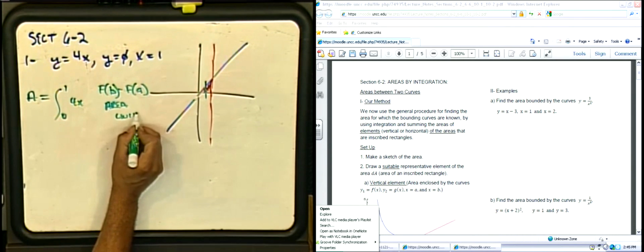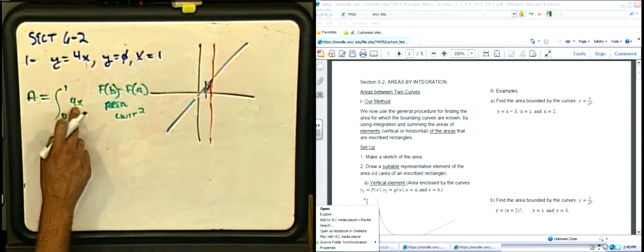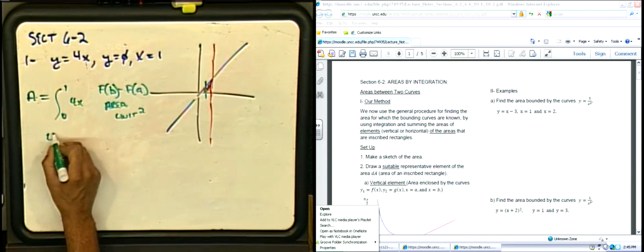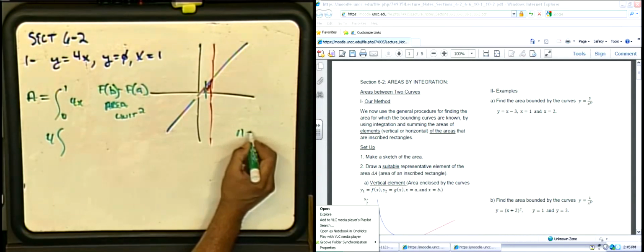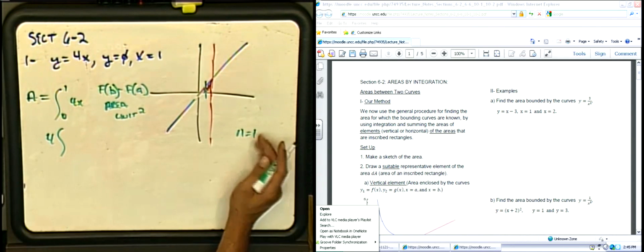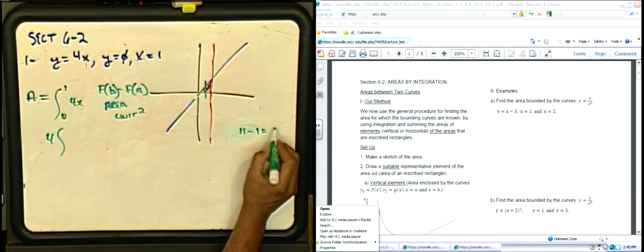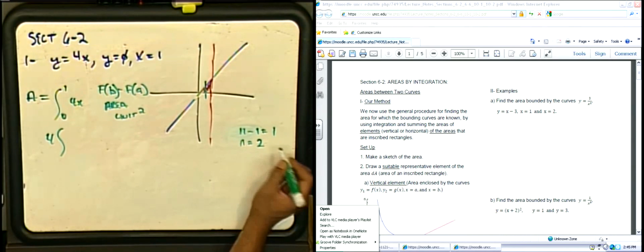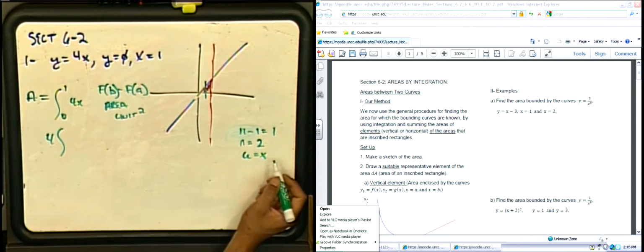in units squared. So the antiderivative of 4x would be, take the 4 out, n minus 1 equals 1, n equals 1 plus 1 is 2. U equals x.